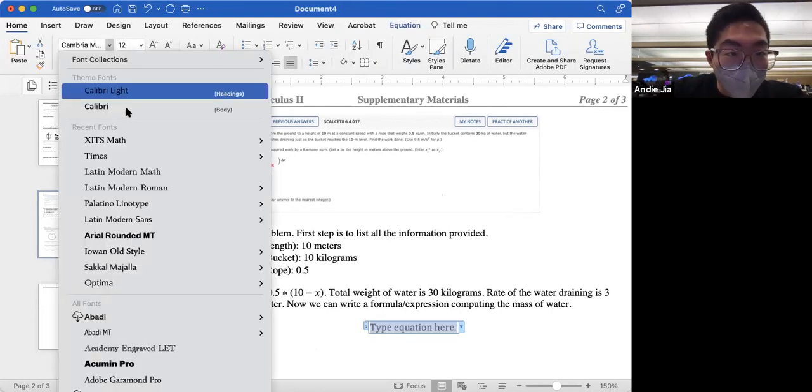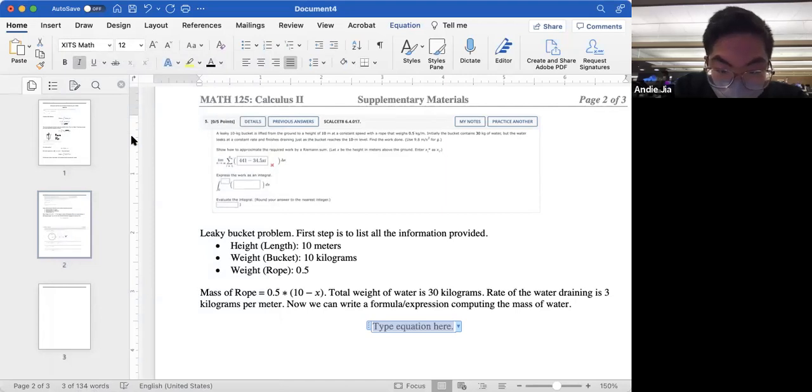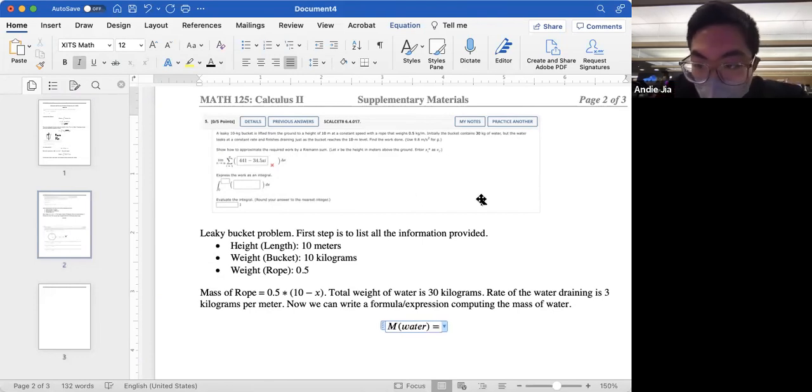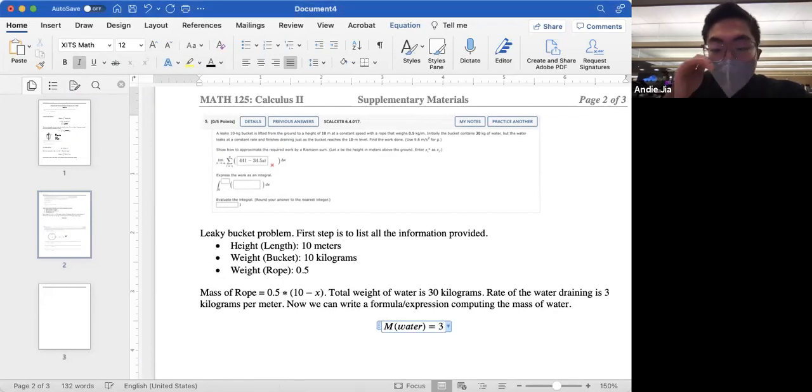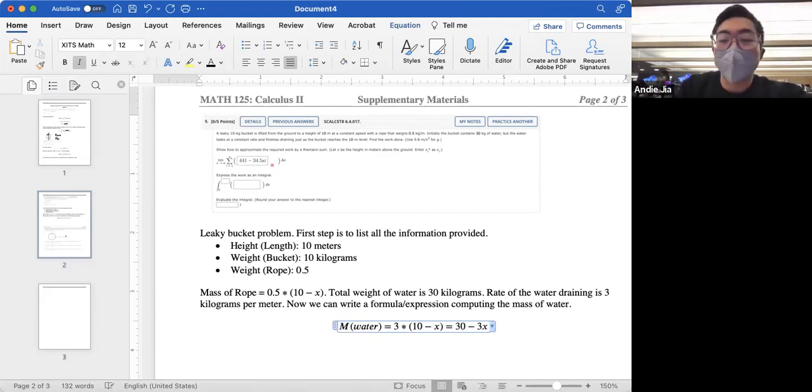So the mass of water is equal to the rate of draining times the height, like the mass of rope. It's going to be 3 multiplied by 10 minus x. It is 30 minus 3x.